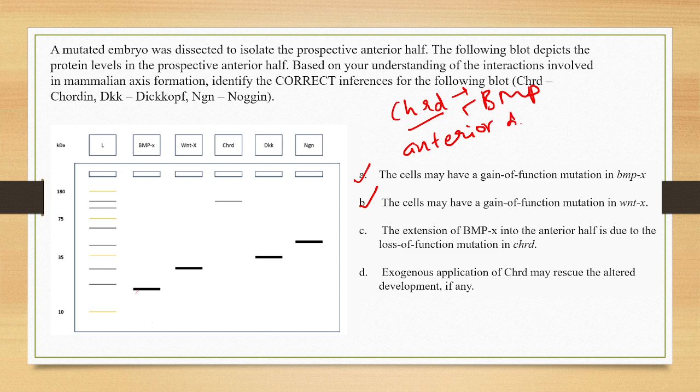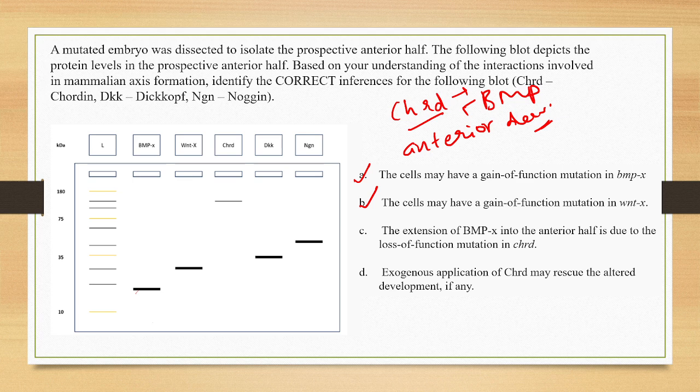What does it mean? See, the embryo that has been dissected, we are seeing the anterior part of it. So in the anterior part, cordon should be expressed, because cordon is responsible for anterior development.